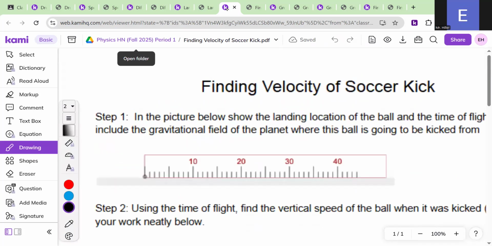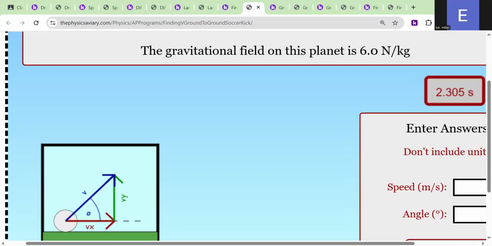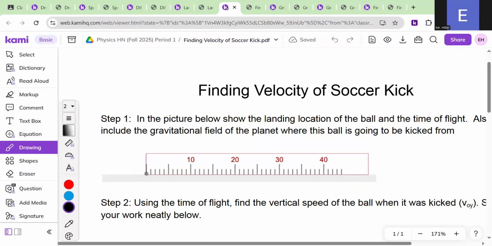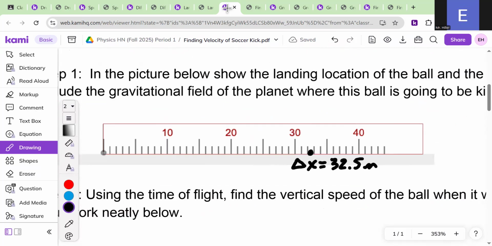Let me jot down where it landed. For me, the soccer ball landed at 32 and a half. I'm going to make a mark right there. So that means delta x is 32 and a half meters, because that's how far it went.